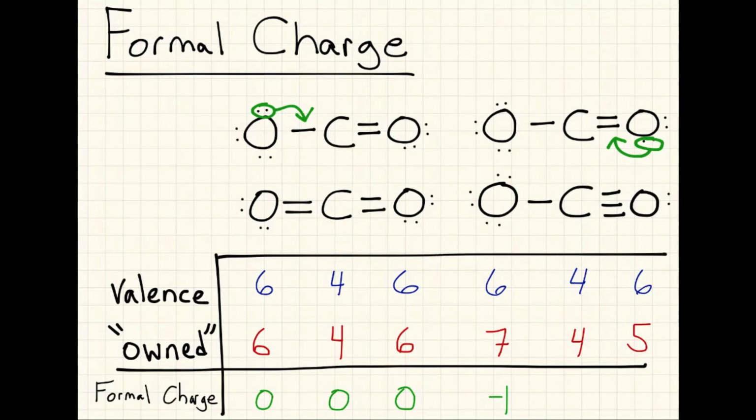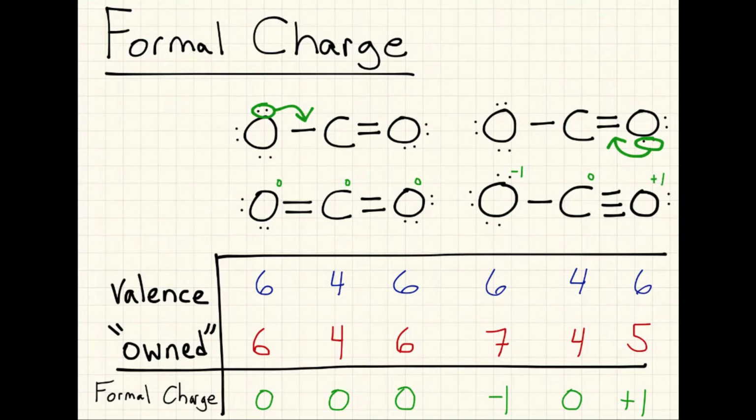Likewise, I've got 4 minus 4, but then 6 minus 5, in other words, a formal charge of plus 1 for the oxygen atom on the right. Typically on tests or exams, if we were writing out our formal charges on atoms and molecules, I would indicate these with small superscripts near the atoms of interest. And I could say that my formal charge on all of these atoms is indicated as such.